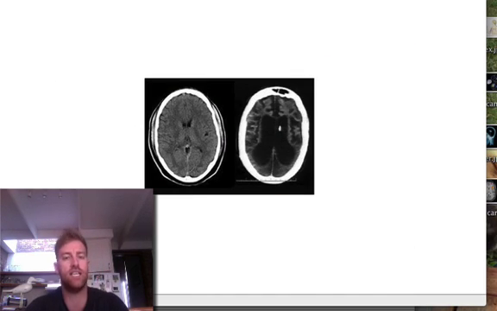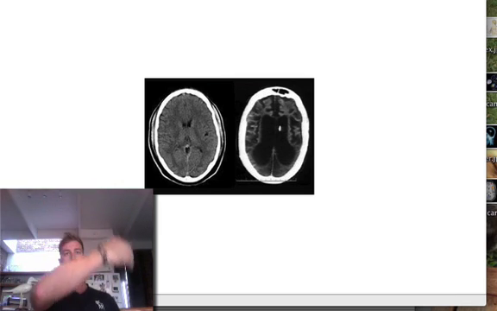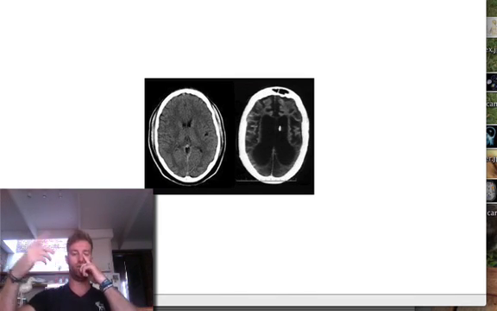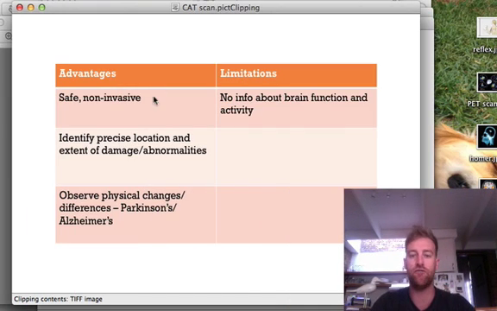I don't know if you've seen these, but to go into one of these, and all the other ones I'm going to tell you about, the PET scan and the MRI scans, you kind of go into a giant tube. You have seen it on TV. You're on a bed, and the bed slides into the giant tube. With a CAT scan, the X-ray machine moves around you. It's safe.